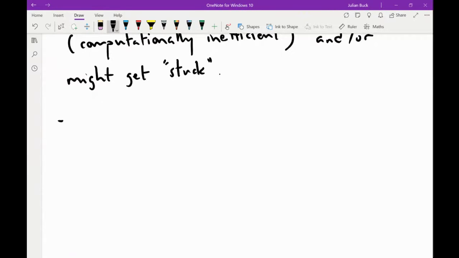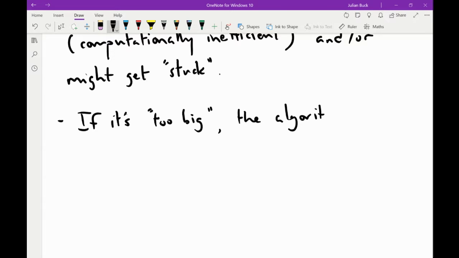Okay. If it's too big, on the other hand, so if the steps are too big, the algorithm could jump over, in some appropriate sense, a minimum.